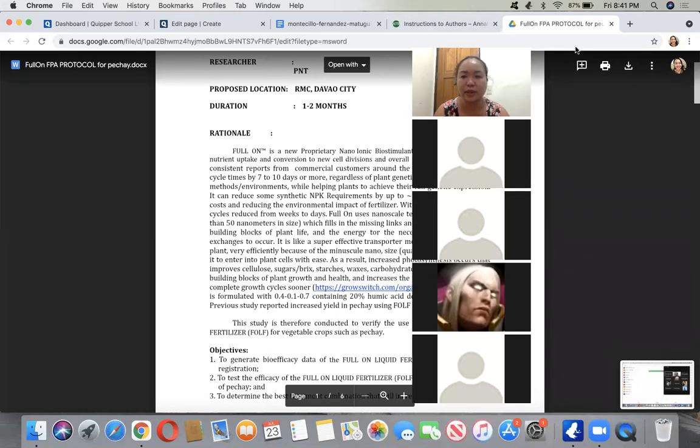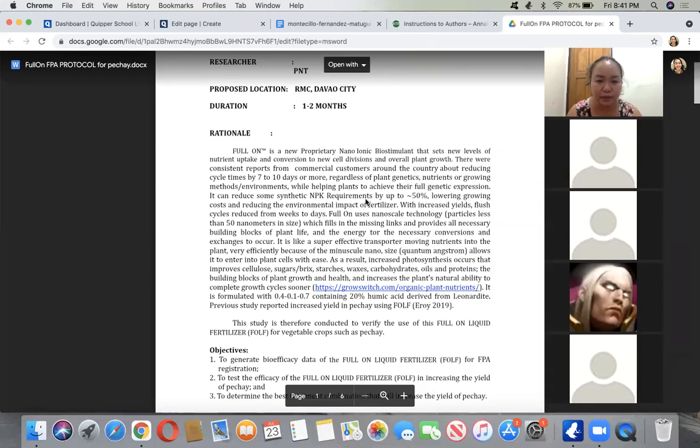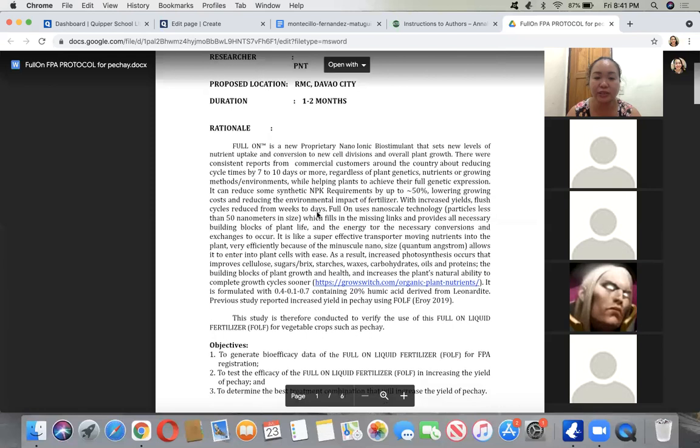I will not read this fully because it would take time, but I will explain it as we discussed last time. The rationale should introduce the study. You need to define what full-on is, what this product is. It's stated here that it's a biostimulant.